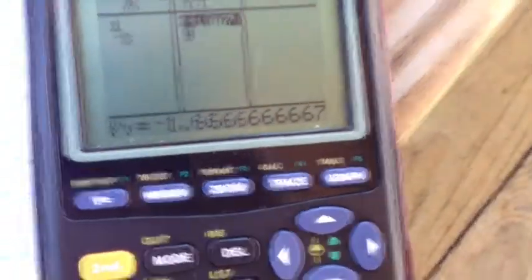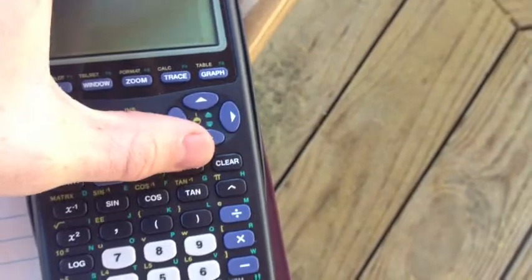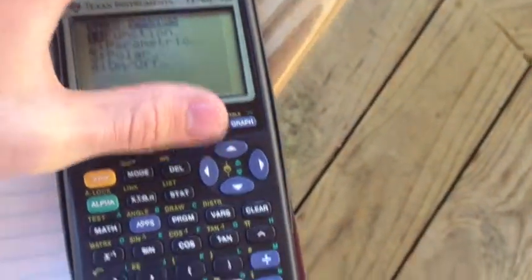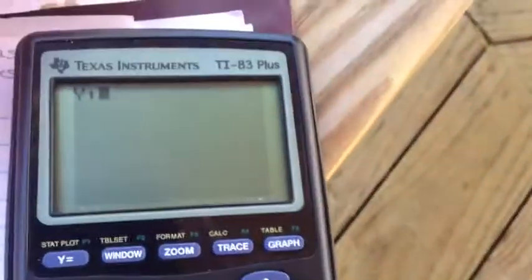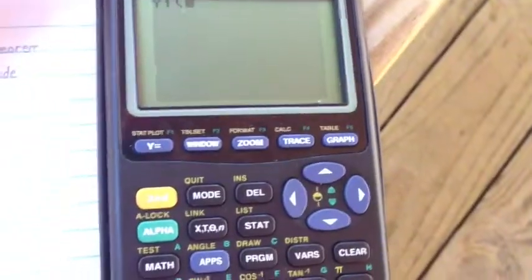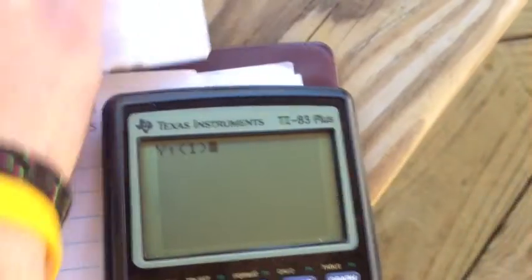Now that gives you a decimal, so technically you would have to go to second quit, and then do vars, and then go to the y thing, and then hit, this is hard to do with one hand, but you go to the function, type that in, hit enter, that gives you that, and then you can do the parenthesis, and then that point, which is 1, and then I'm afraid this piece of paper is going to blow away.